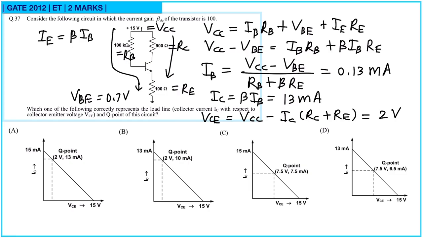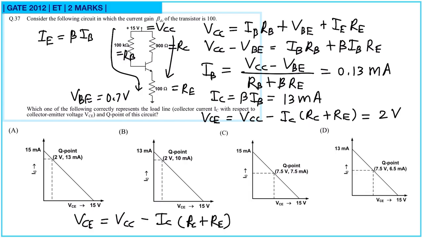And now we have to find the endpoints as well. For this equation we have to solve actually. We have this equation, right? So if I want to calculate IC is equal to IC sat, then VCE should be 0. So let us use this equation only. We have this equation VCE is equal to VCC minus IC into RC plus RE.